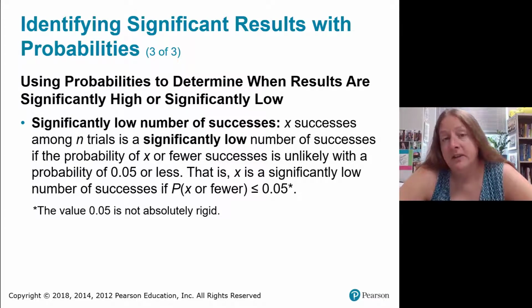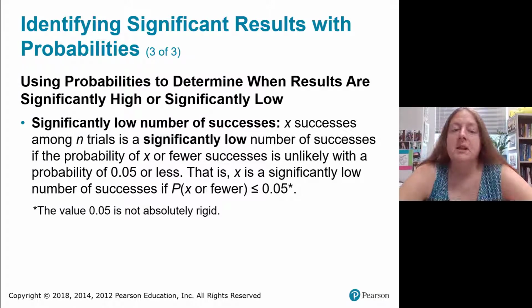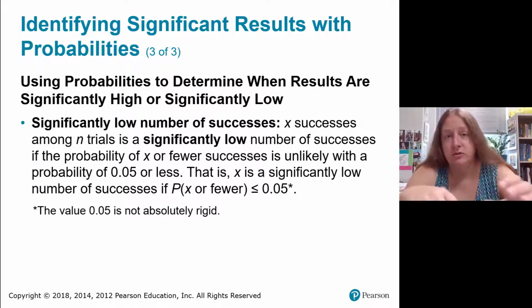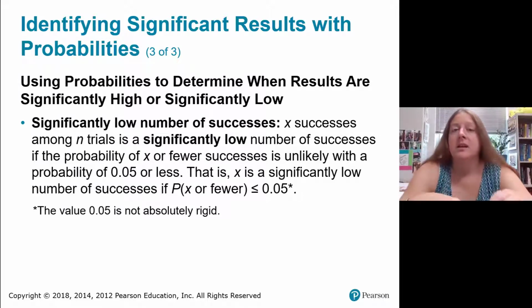An example of this: if we're testing out a drug, like in a drug trial, that's supposed to increase the likelihood that you'll have a boy instead of a girl when you have a baby, then we might assume that about half of the children born would be boys and about half girls. That would be the assumption that we're making.